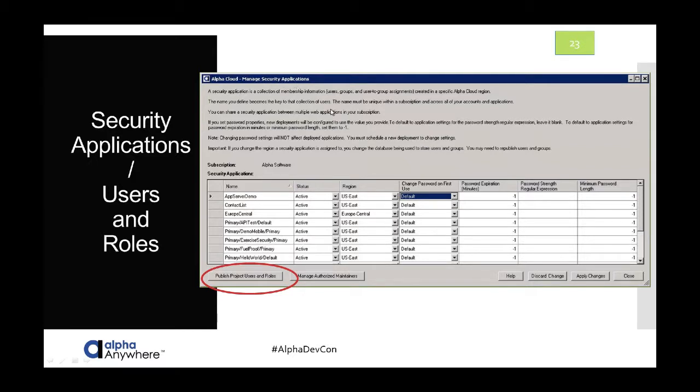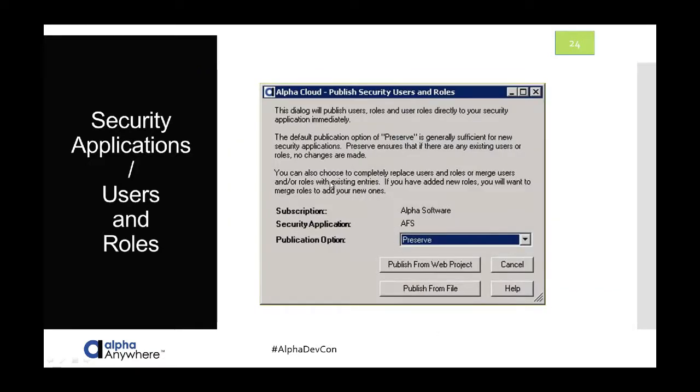Manage security applications is available, of course, off the toolbar by selecting Alpha Cloud Advanced, by selecting Alpha Cloud Security. The button labeled Publish Project Users and Roles will take you to the dialog that publishes users and roles, and you can publish from two places.